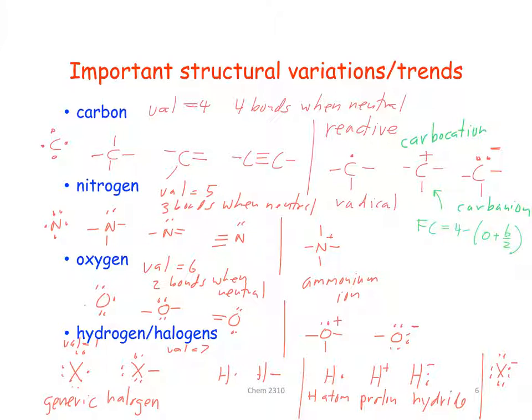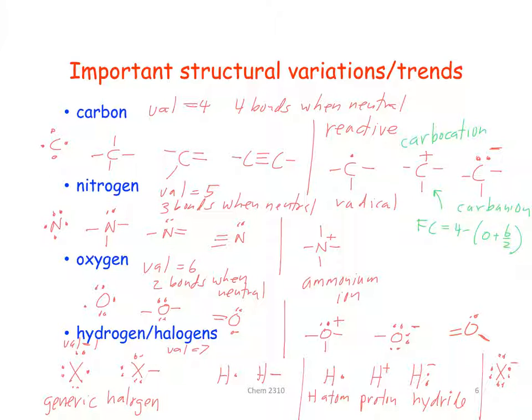So as we go through the class, we'd like to be able to know, if we look at a structure and we say, oh, that oxygen, look, it's got 3 bonds to it here, it needs to have a plus charge. Or we could have that same oxygen with a double bond like this, and a single bond and a non-bonding pair.